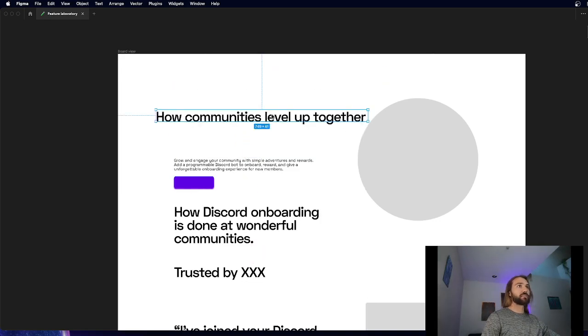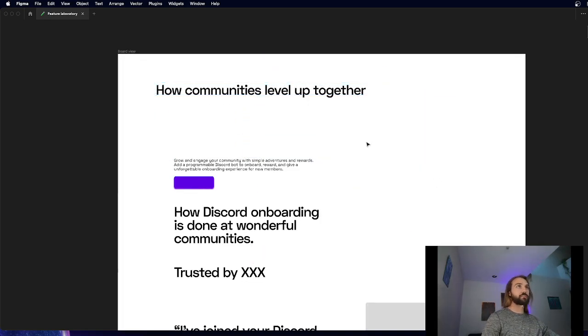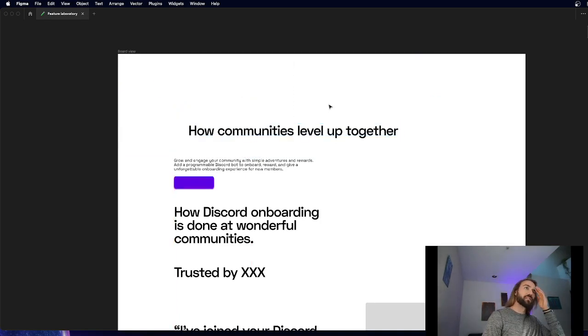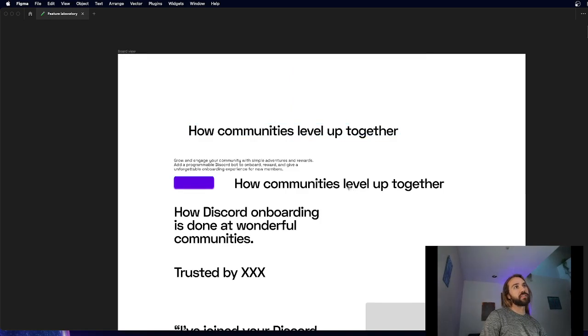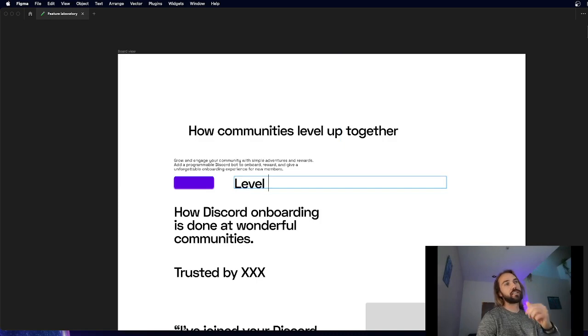I like this concept of leveling up together. I think that's pretty interesting. So I almost think that's a really good call to value for the button. Instead of saying "add bot to," and this is really important with buttons too, instead of having it be a strict call to action like "start your trial" or "create your account," what's called a call to value is a lot better.